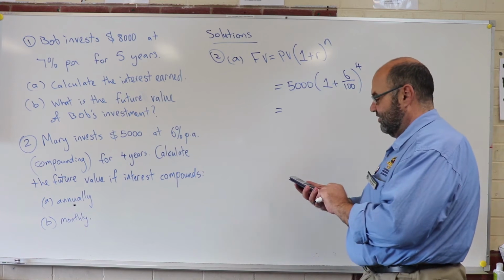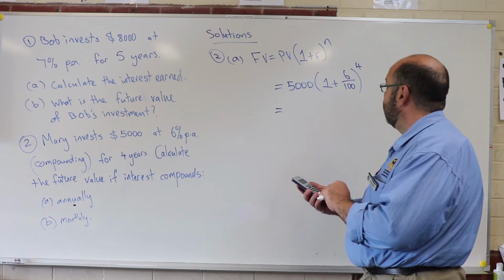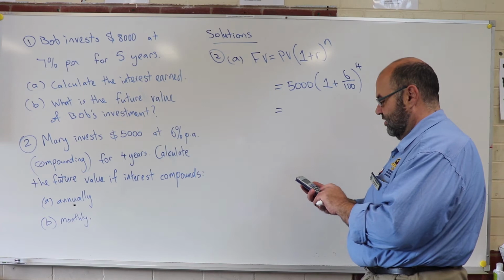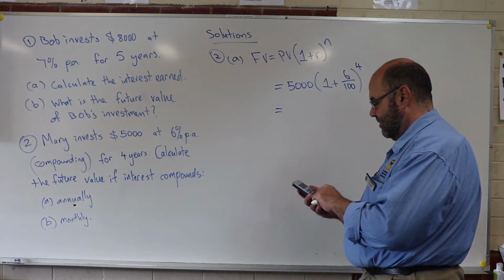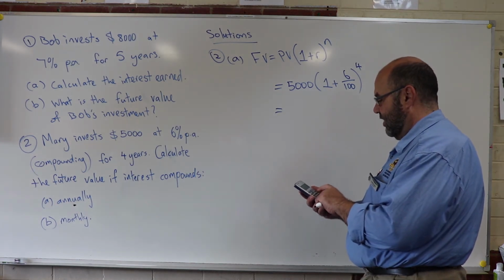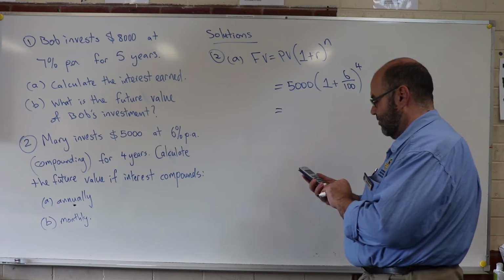So I've got 5,000 times 1 plus 6 over 100 to the power of 4.